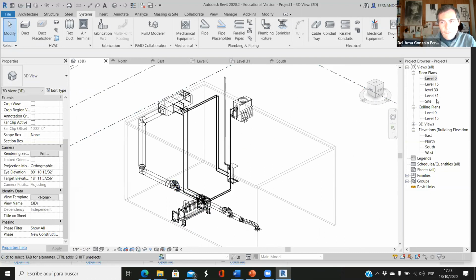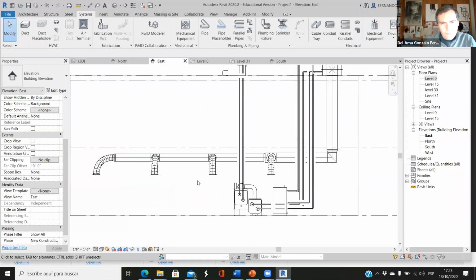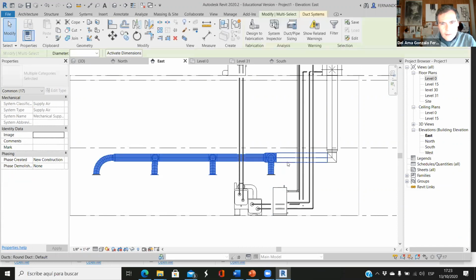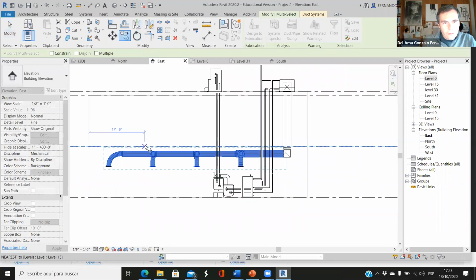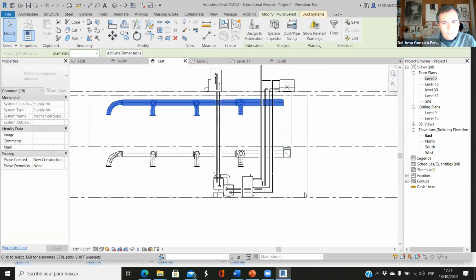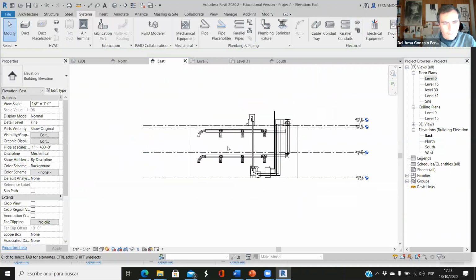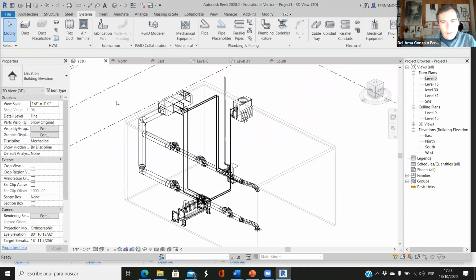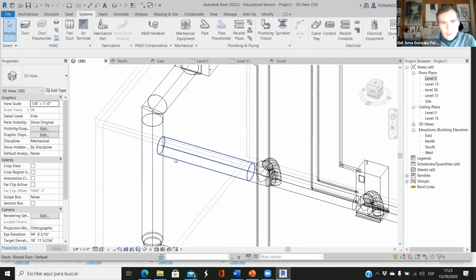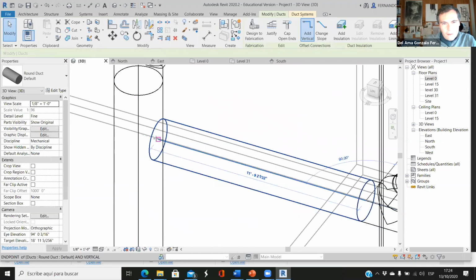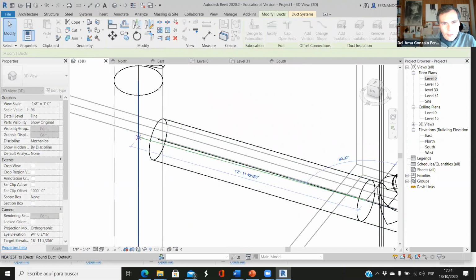Okay, so if we go to the east elevation, I think we can copy all that stuff, including this. We copy this here. Okay, and now the only thing we have to do is to connect this to this.